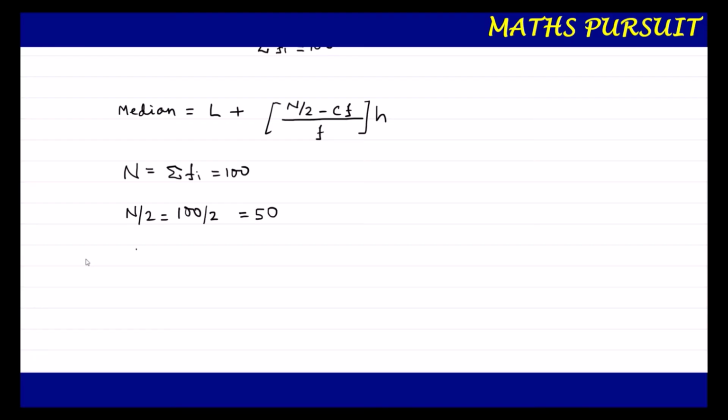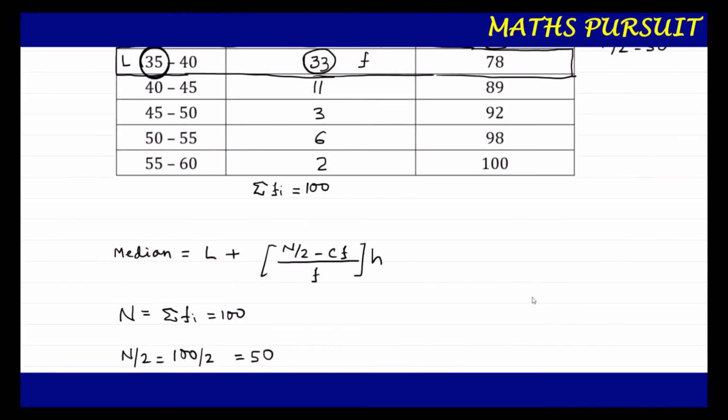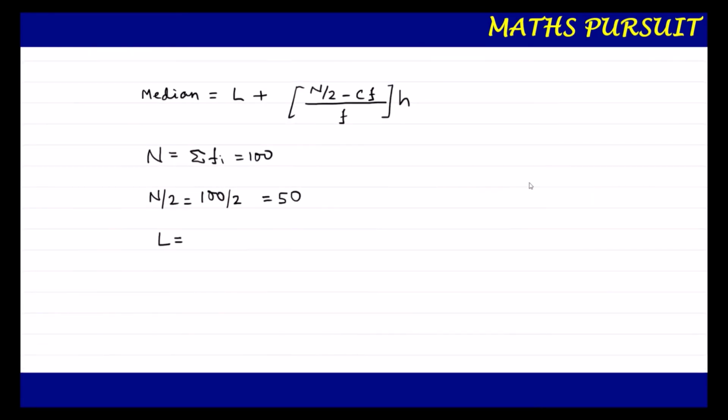L is equal to 35, F is equal to 33, cumulative frequency CF is equal to 45, and class height H is equal to 5. With these data in hand, let us now find the median.